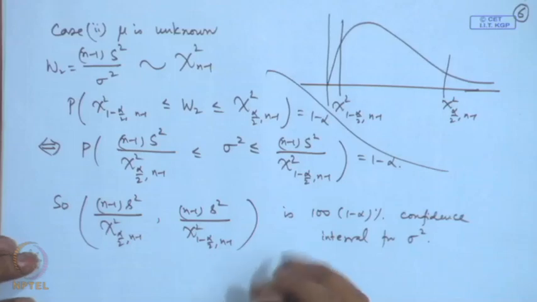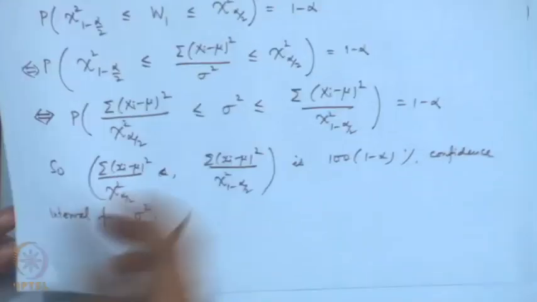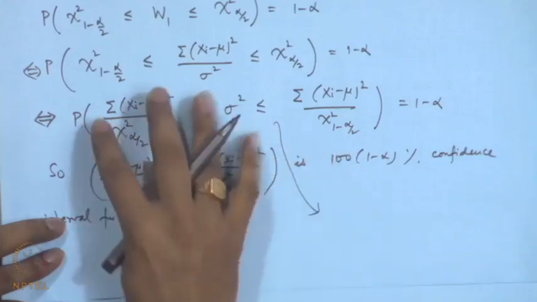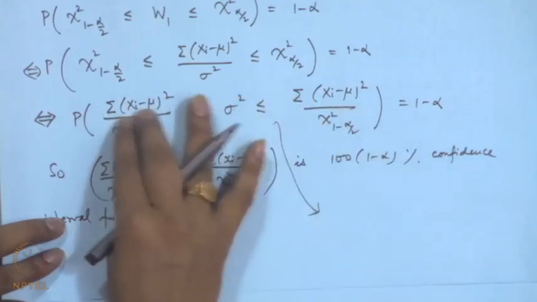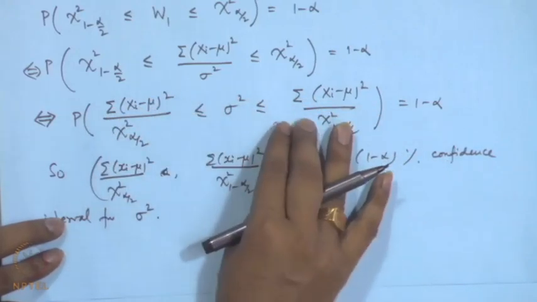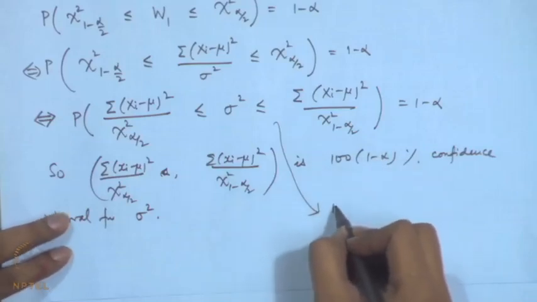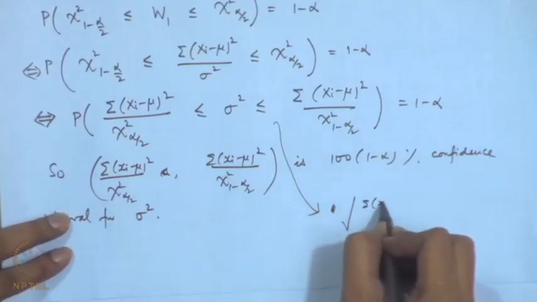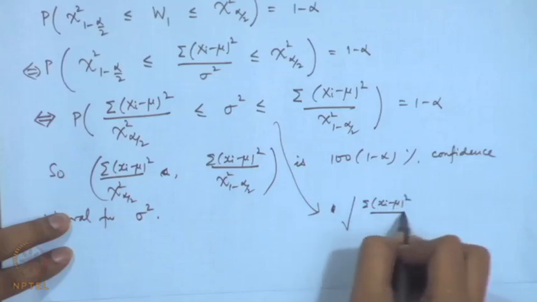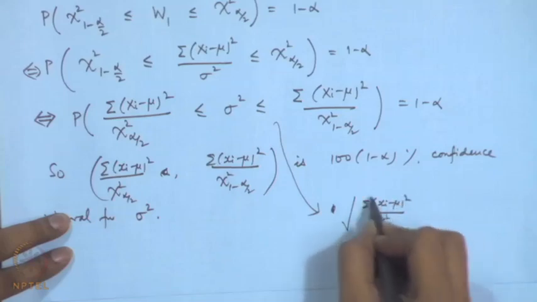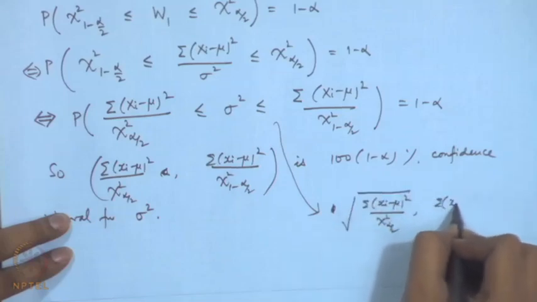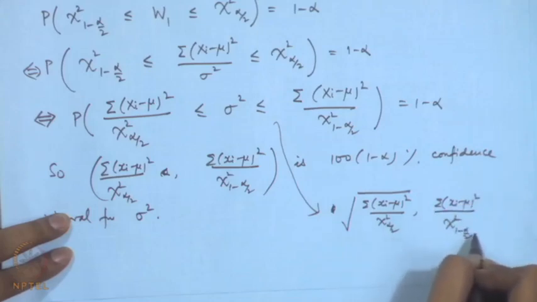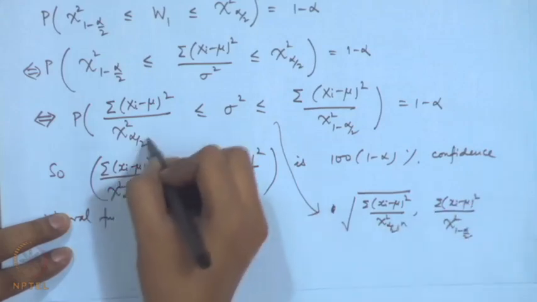Now, we also notice that we can write down a statement for sigma also here. If we take the square root, because all the quantities are non-negative, we may write a statement like: square root of sigma (x i minus mu) square by chi square alpha by 2 n to square root of sigma (x i minus mu) square by chi square 1 minus alpha by 2 n.